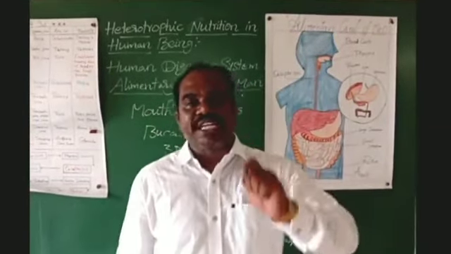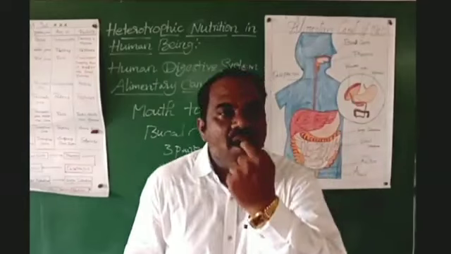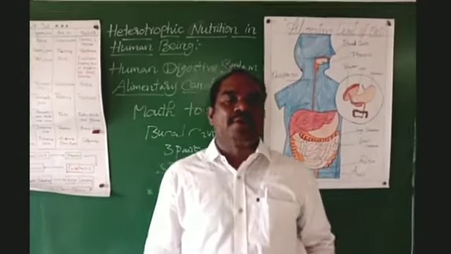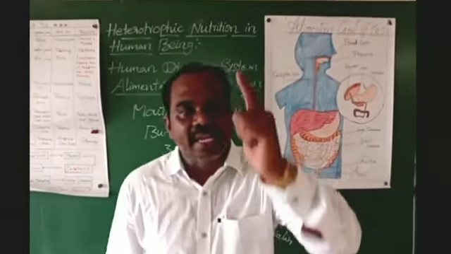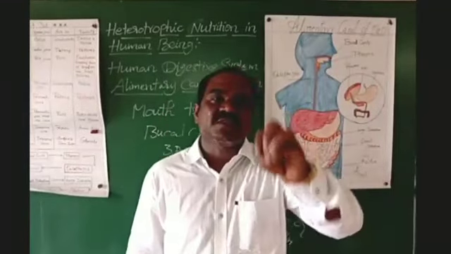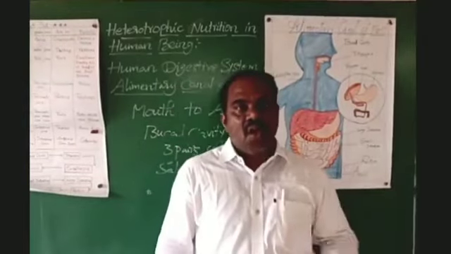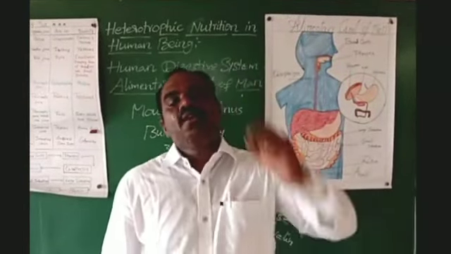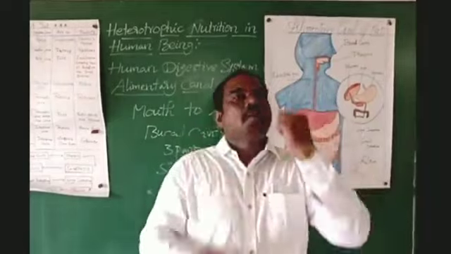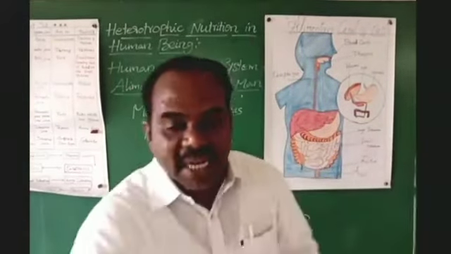Four types of teeth are present. The tongue is also present in our mouth cavity. The tongue contains taste buds. These taste buds help recognize the taste of the food materials.